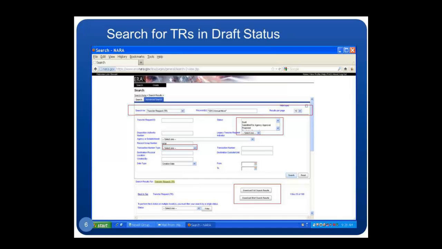You can see the highlighted box on the right includes the different statuses. As Lynn previously noted, these forms are loaded into the ERA system in draft status. In narrowing the search in these key areas, this will help ensure that the results that are returned are the results for this year's annual move.